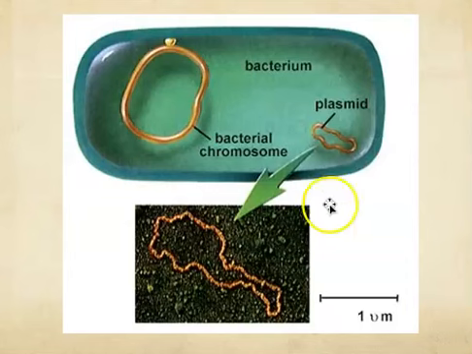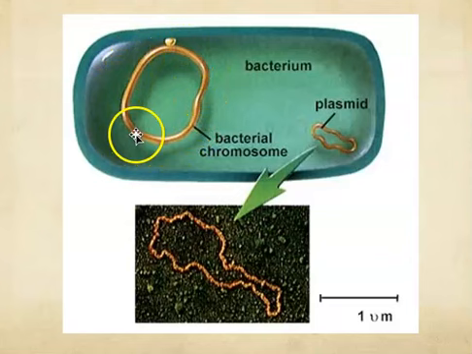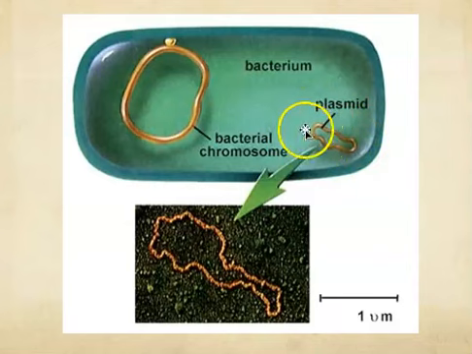On this slide, you can see a drawing of a bacterial cell, and the artist is showing us that there's going to be a genome in here. There's going to be a single circular chromosome in here. And there's also sometimes going to be extra chromosomal DNA. Remember, these plasmids are kind of randomly distributed in bacterial populations.